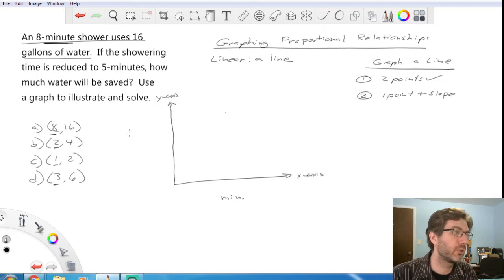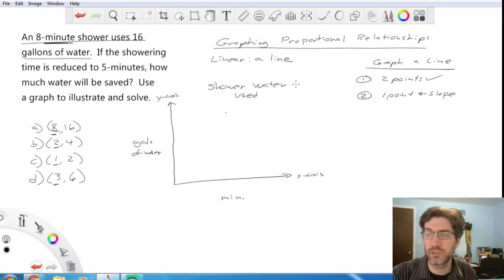Y values go with gallons. So here we have gallons. And we have a title for our graph, which is, what is it? Water used for showers. That's our title.